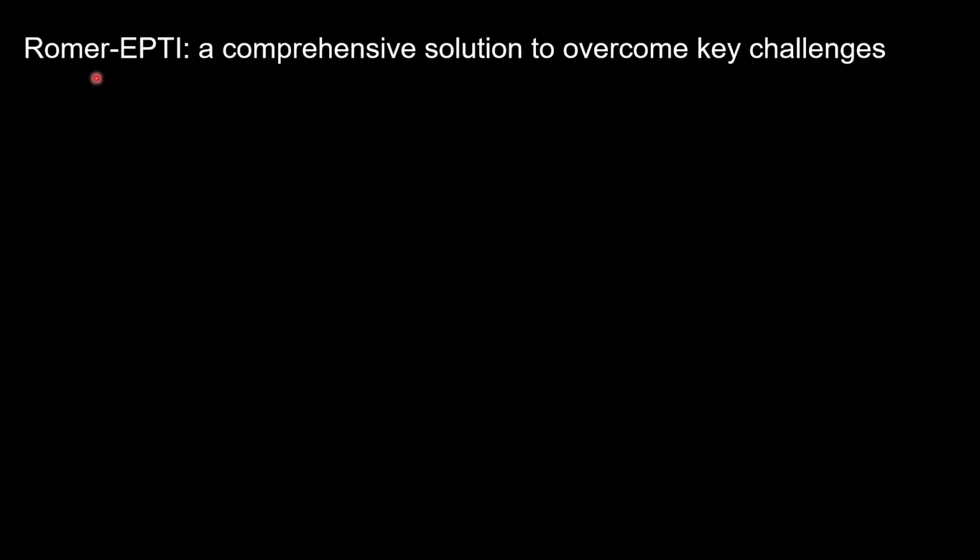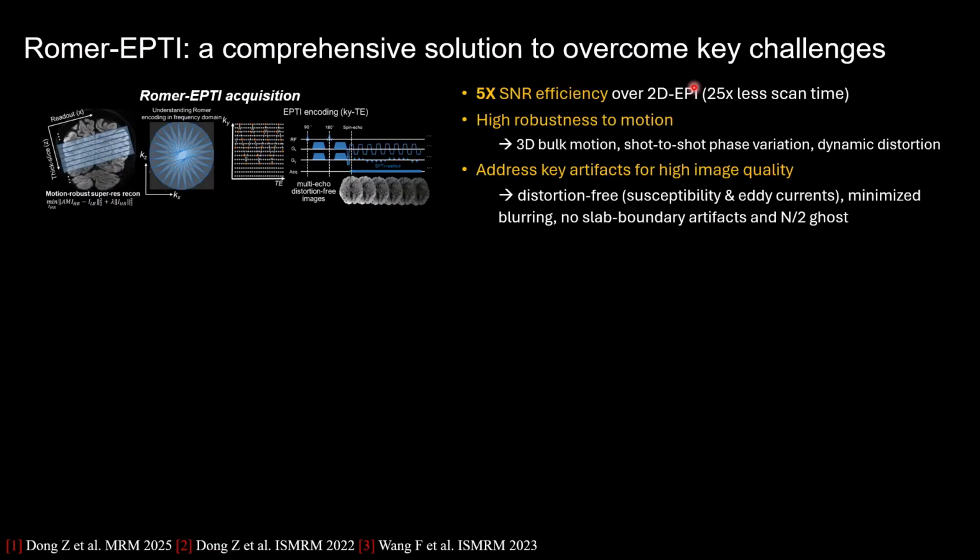So in this work, we propose this new acquisition named Romer-EPTI as a comprehensive solution to overcome these complicated challenges in diffusion MRI, which can provide 5 times higher SNR efficiency compared to 2D EPI, corresponding to 25 times reduction in scan time. It provides high robustness to motion, where we systematically address 3D bulk motion, shot-to-shot phase variation, and motion-induced dynamic distortion.